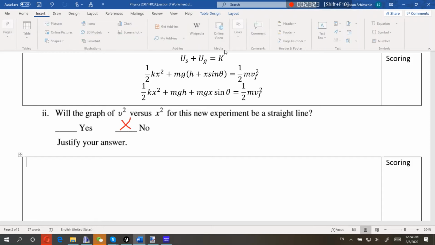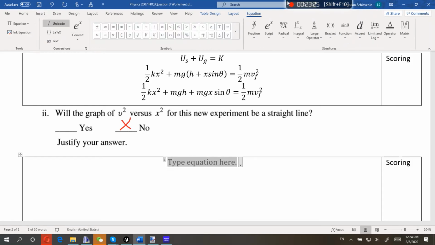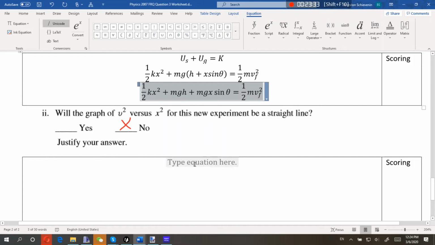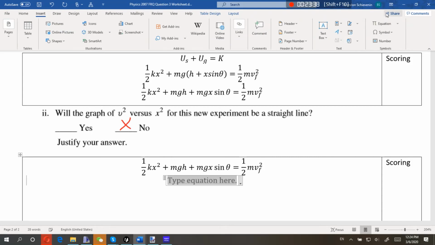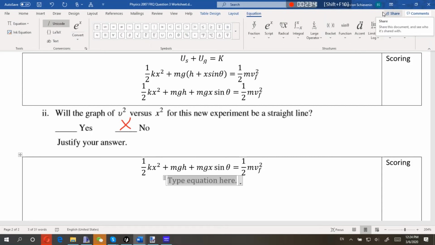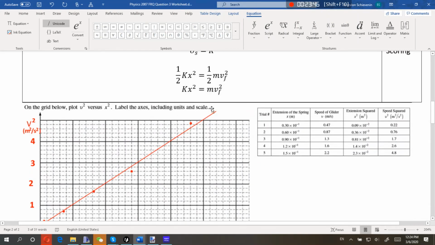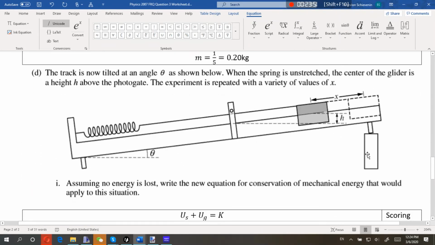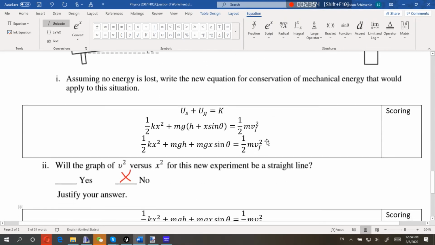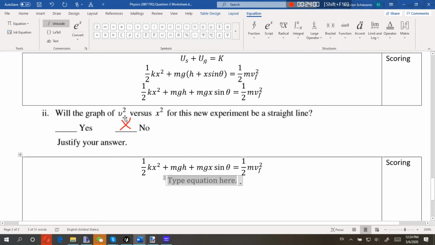If I want to prove it mathematically, we could solve for v squared maybe? Okay, go for it. I was trying to compare with the original one. The original was a straight line for v squared versus x squared. But if we lift this up so that we're not horizontal anymore, then our v squared is not going to be a straight line anymore. Yep, that's what we said for part 2.